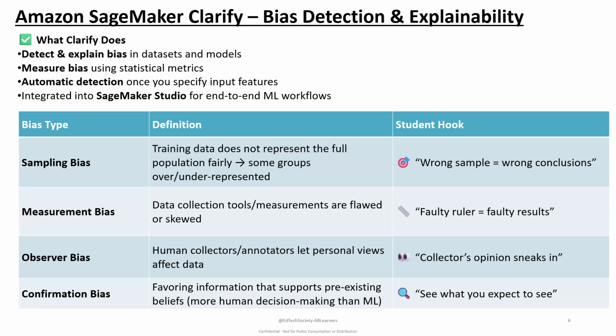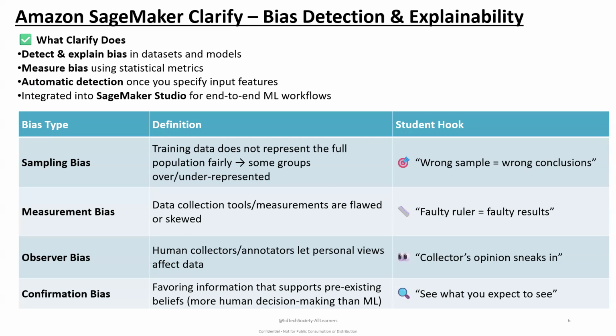Think of an example where in your specific training group you have 8 boys and 2 girls. Obviously your class is not well equipped. It's a bias where more boys are there. So you can think about in AI, in LLM, that your training data has a wrong sample. So obviously it will give wrong conclusions, right? That is the sampling bias.